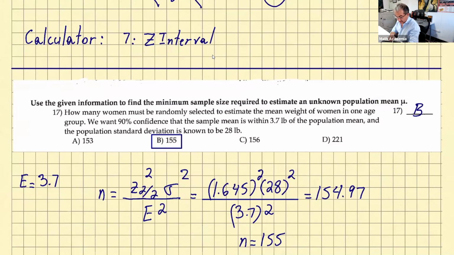We want 90% confidence level that the sample mean is within 3.7. When you hear the word within the population mean, that means 3.7 is the margin of error. And the population standard deviation is known to be 28, so this is sigma.